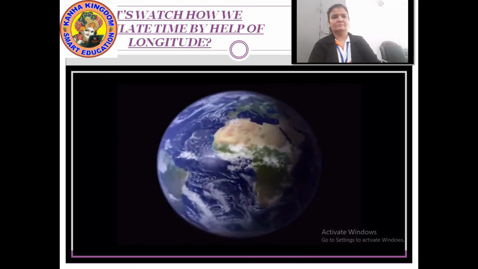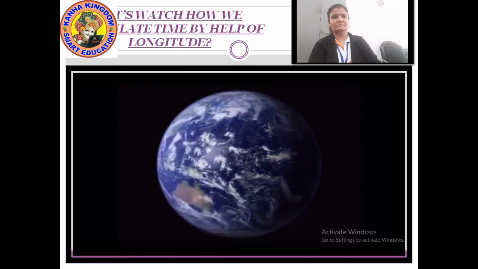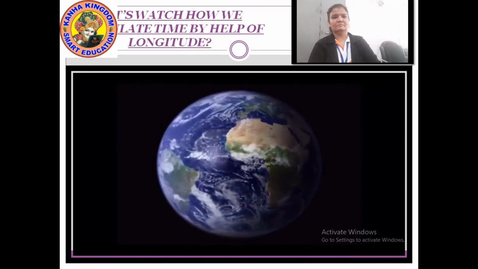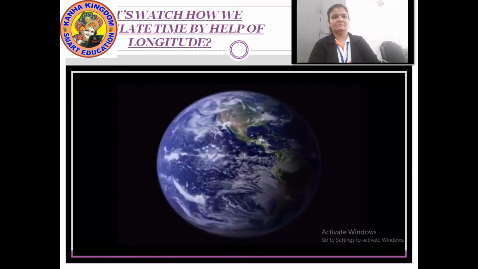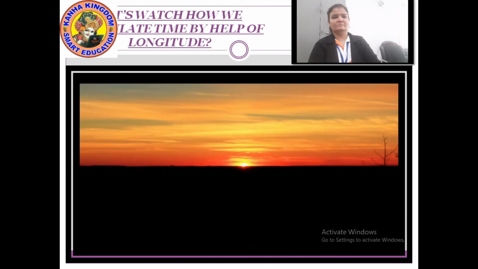That's one full rotation. The Earth is rotating from west to east, and it always moves in that direction. So because of that, it appears that the sun rises in the east and sets in the west.